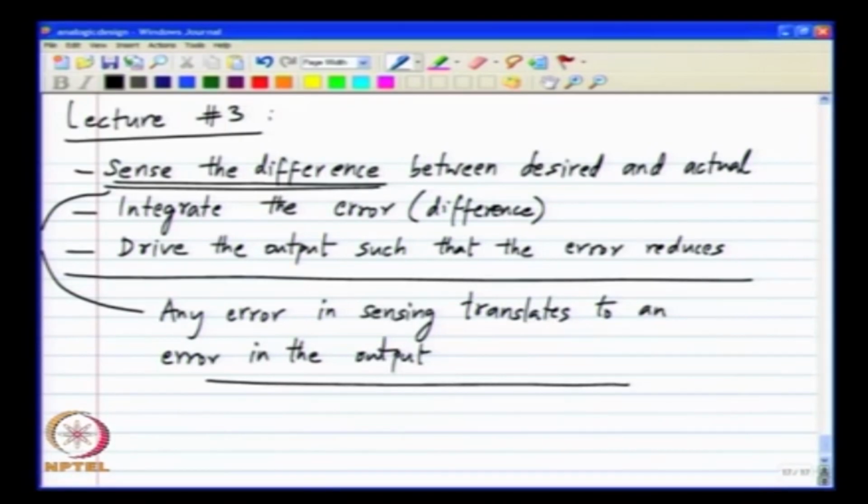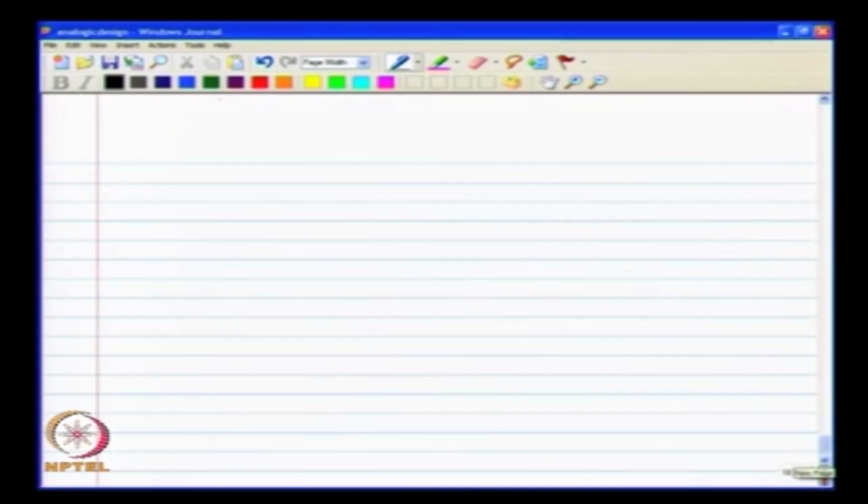So using this basic principle of negative feedback loop, we derived our amplifier. The amplifier looks like this. Omega u is a parameter of the integrator.